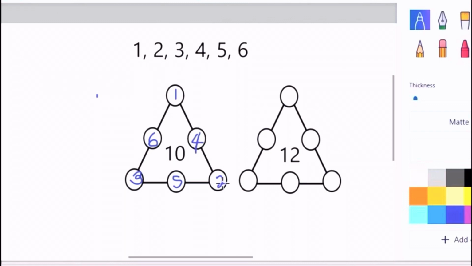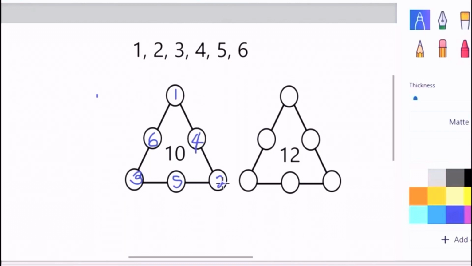So for example, 3 plus 6 equals 9, plus 1 equals 10. Then 3 plus 5 equals 8, plus 2 equals 10. And 1 plus 4 equals 5, plus 2 equals 7. You can see there's a problem in this side. So what we can do is exchange the positions of 5 and 2.